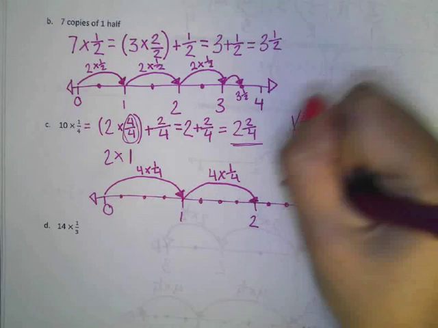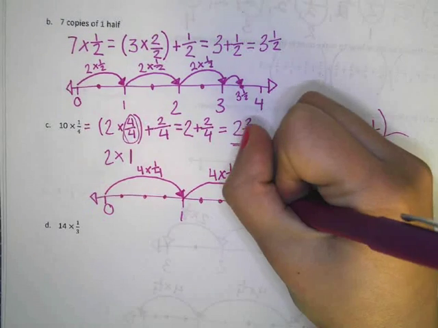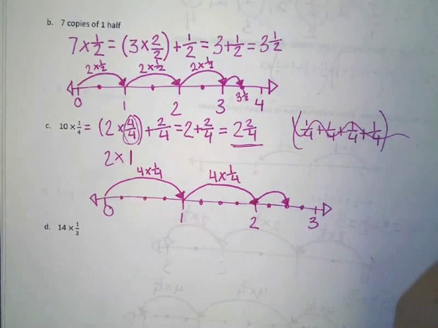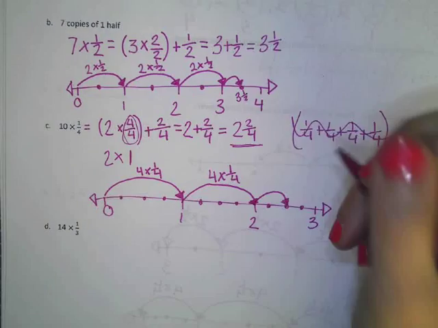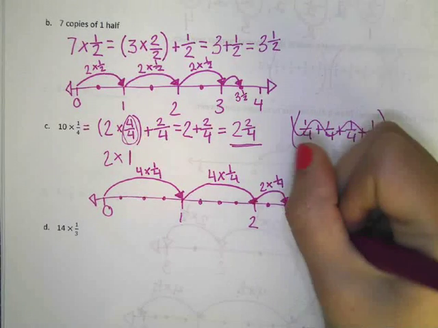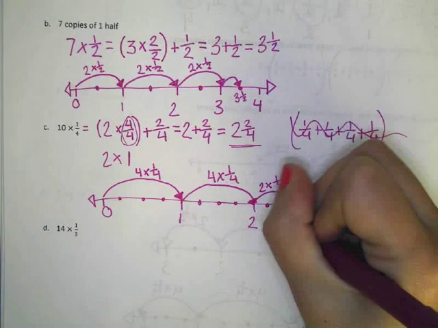Do I have enough to go 1 full jump? No, I can only move 2/4. So instead of writing 4 times 1/4, what do I write? 2 times 1/4. And this leaves me at 2 2/4, right?